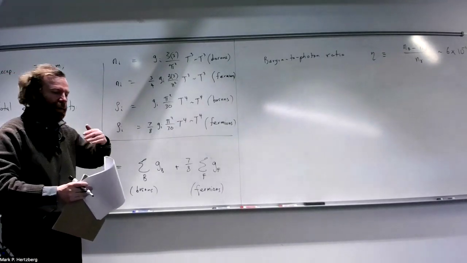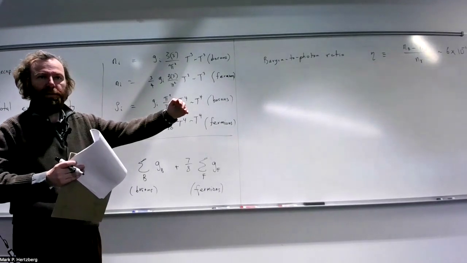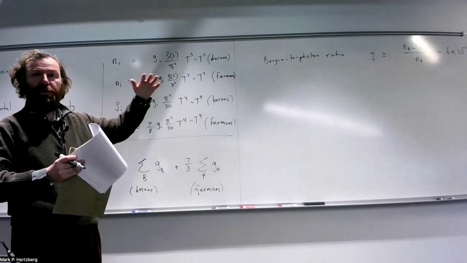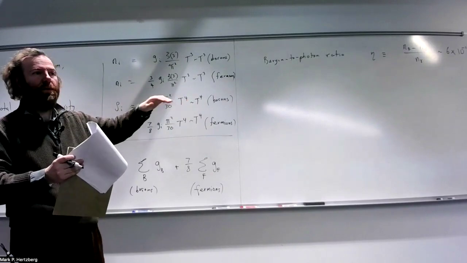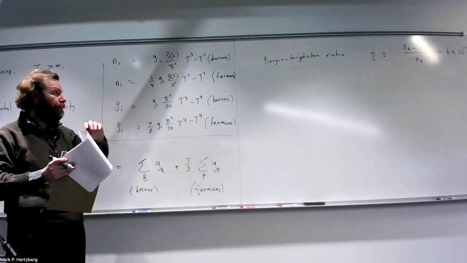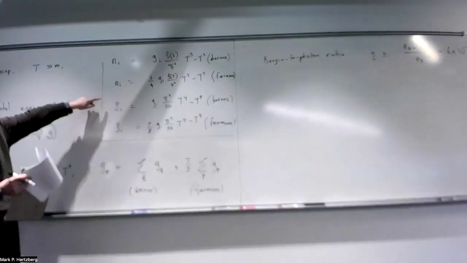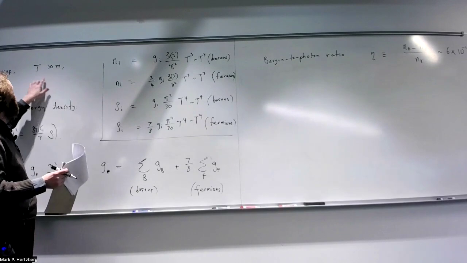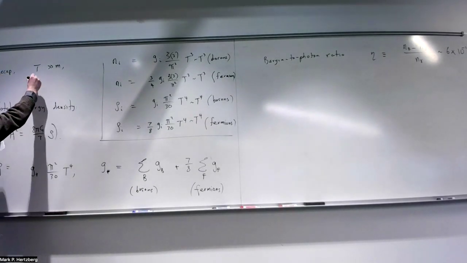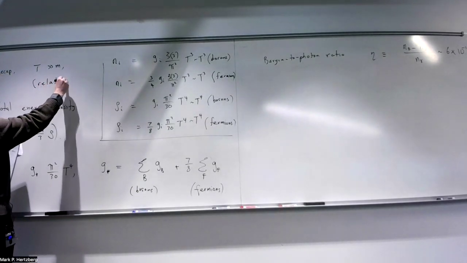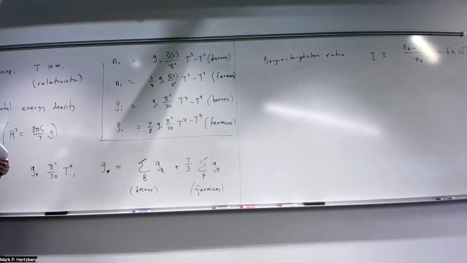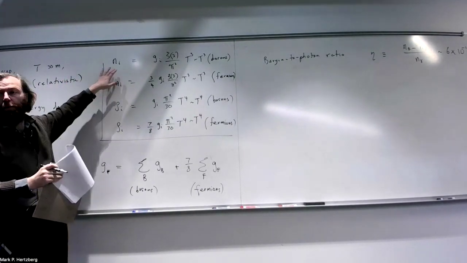If we go back to really early times, where even the baryons, the protons and so on, become relativistic, these formulas tell us that in the relativistic regime the number densities of these things are all comparable.